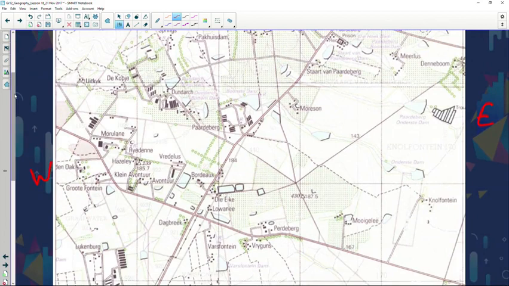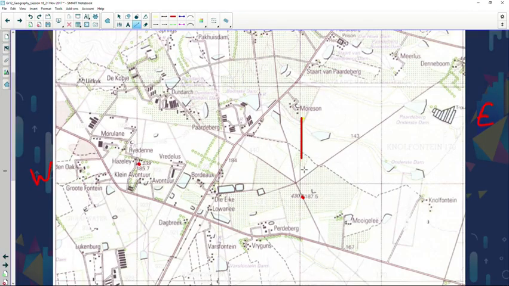If I ask you to determine the direction from trig beacon 430 to trig beacon 239. Like I've mentioned, your first step, draw a north-south line. Draw a line from where to.